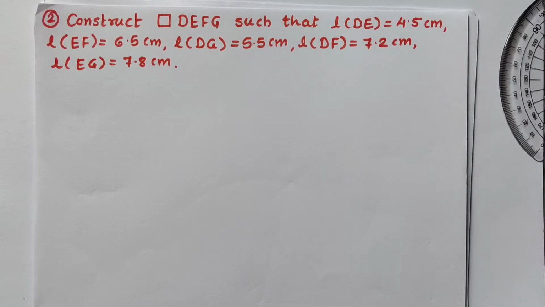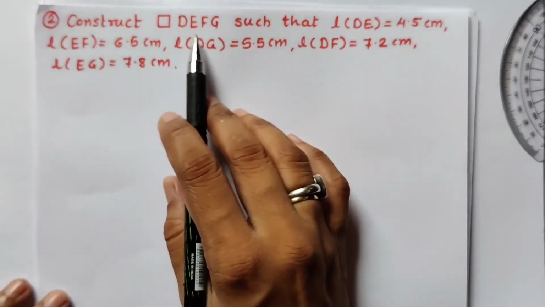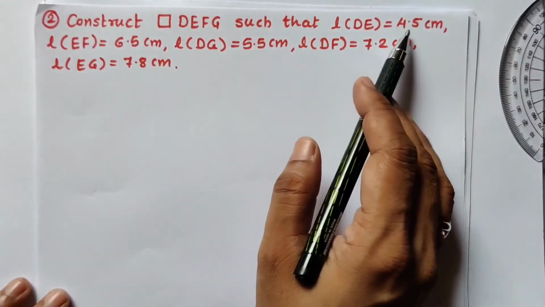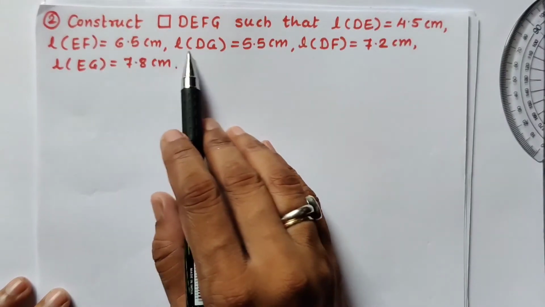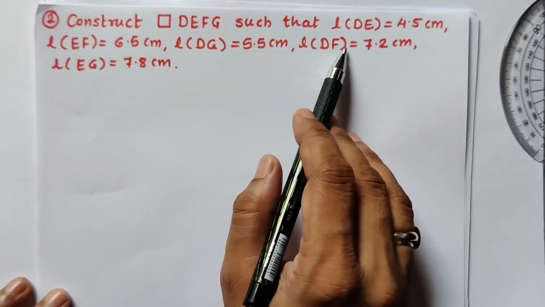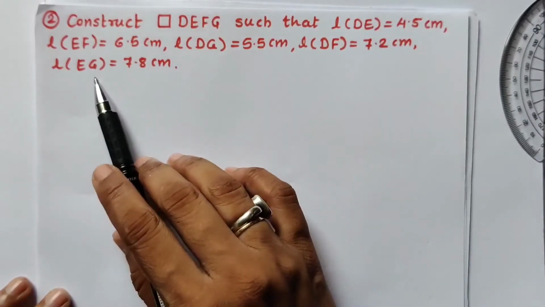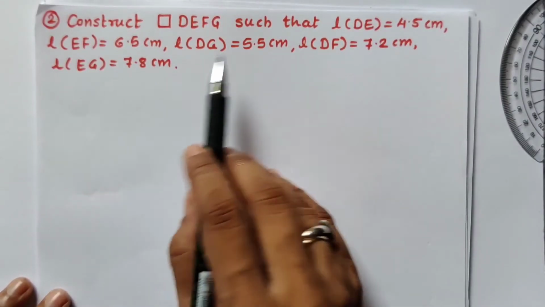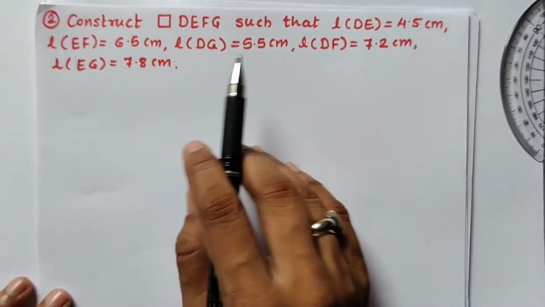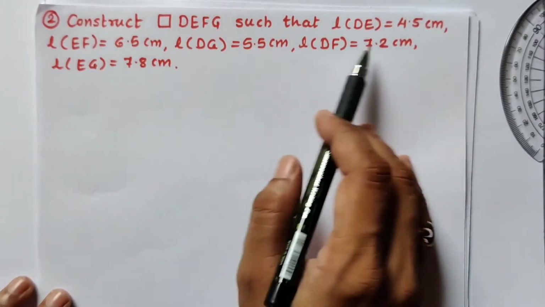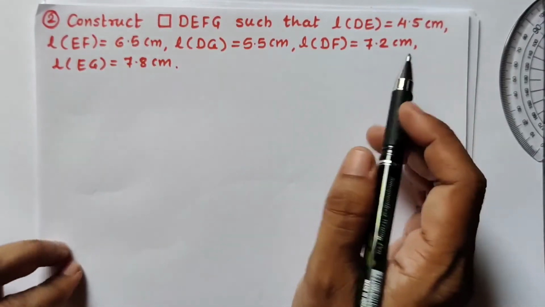Now see the second question. Construct quadrilateral DEFG such that DE 4.5, EF 6.5, length DG 5.5, length DF 7.2, length EG 7.8. That means all lengths are given. We cannot see any angle over there. So we have given all lengths. So let us see which lengths are given.